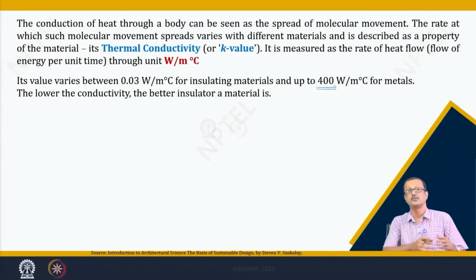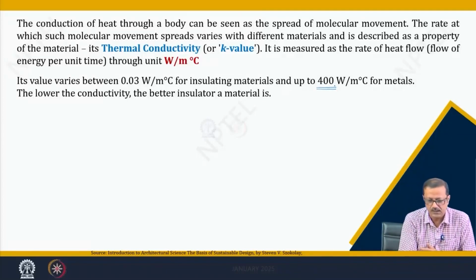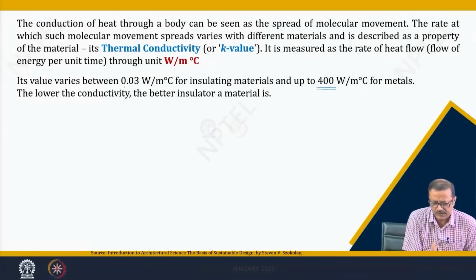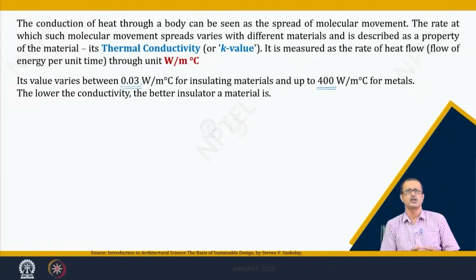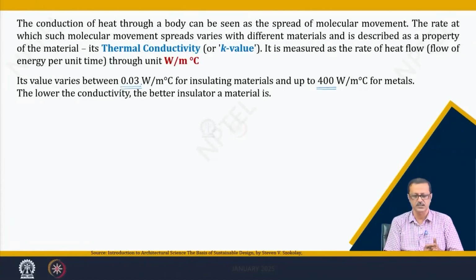So it will allow 400 watt, 400 joule per second per meter thickness, if there is a drop of 1 degree centigrade. But some materials are insulative materials, having very low values, almost 0.03 watt per meter of thickness per degree C of temperature difference.